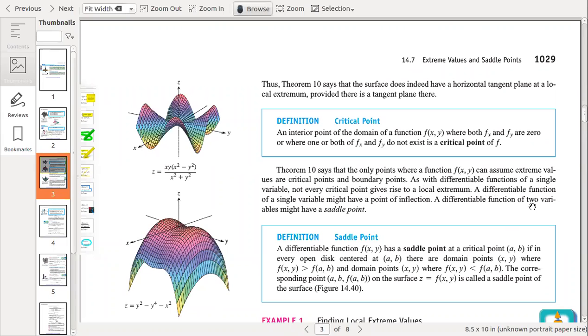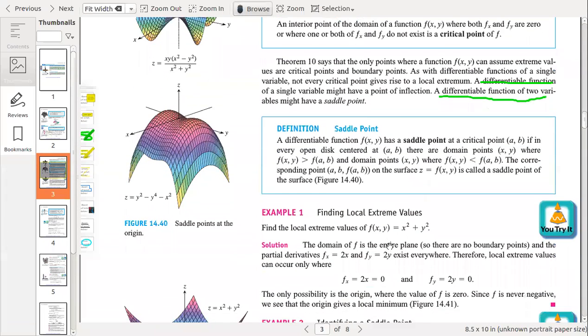A differentiable function of two variables might have a saddle point. So that is the difference. So what is the saddle point?